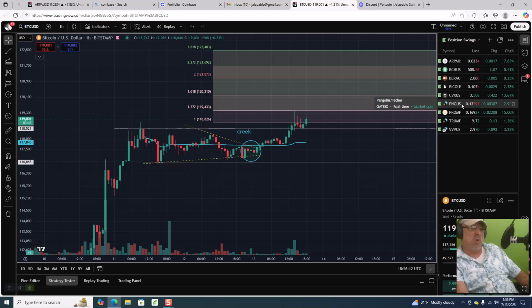And then this is Wayfinder, Trump Coin, and VVV. So all of these we look at, especially Prompt, which is Wayfinder, and CVX have already marked up over 10% since this morning.